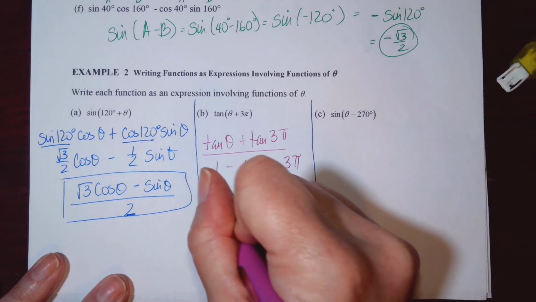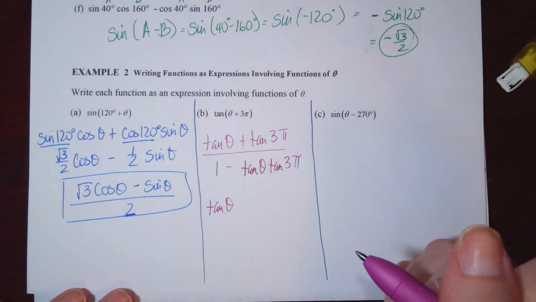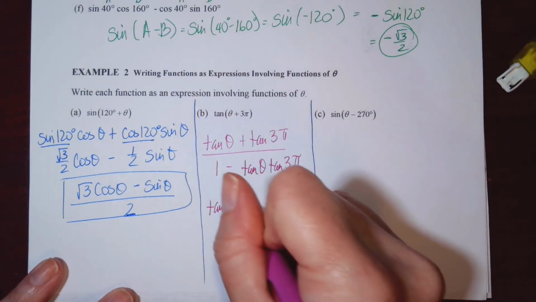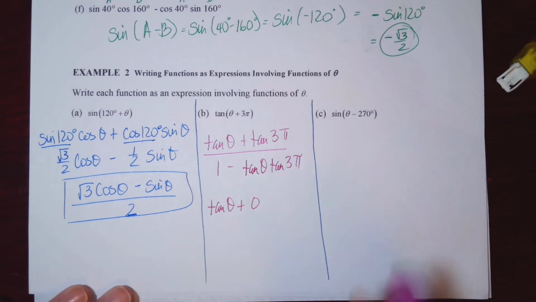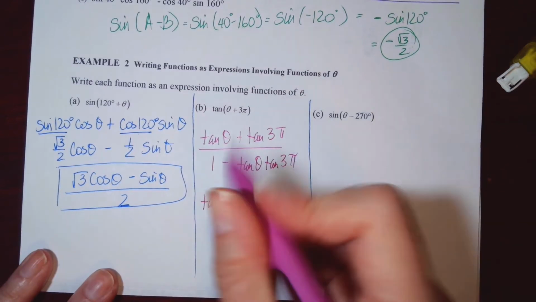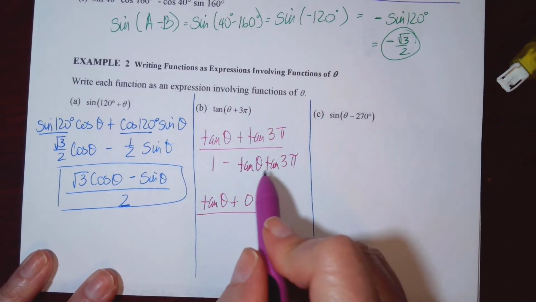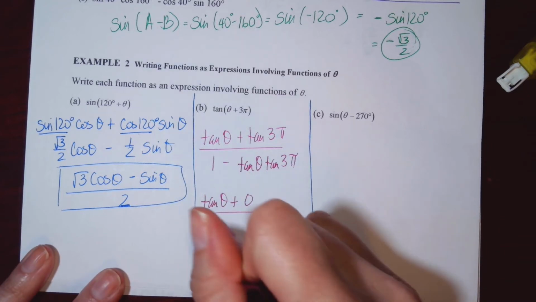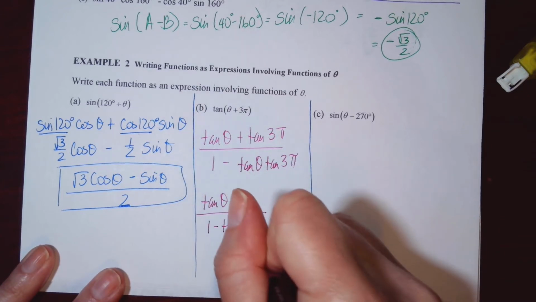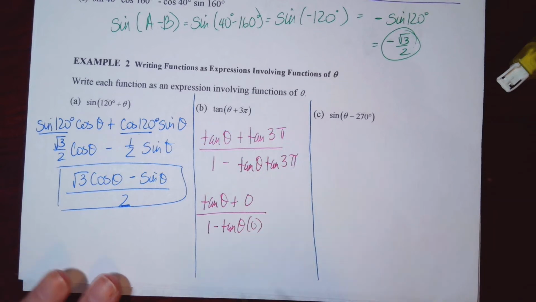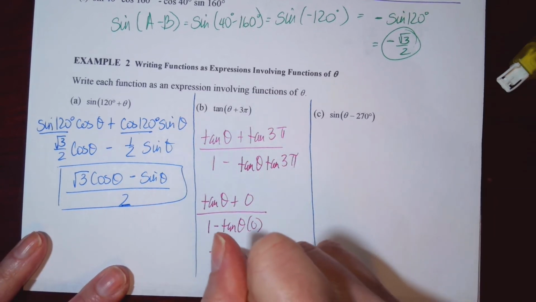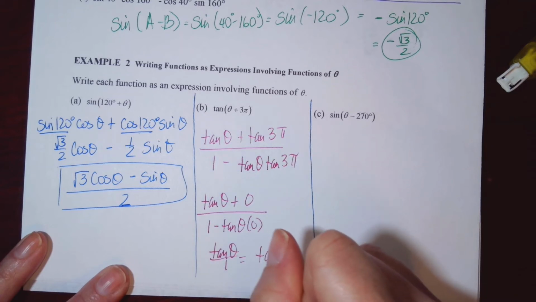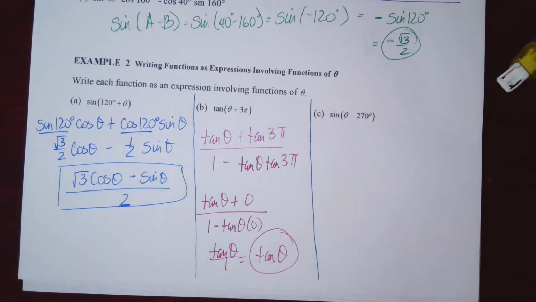So tangent theta could be anything, but tangent 3 pi is just 0 because it's 0 over negative 1. Anything times 0 is 0, so that product here becomes 0. 1 minus tangent theta times 0, that's just 1 minus 0 is 1, right? So I have tangent theta over 1, or just tangent theta.